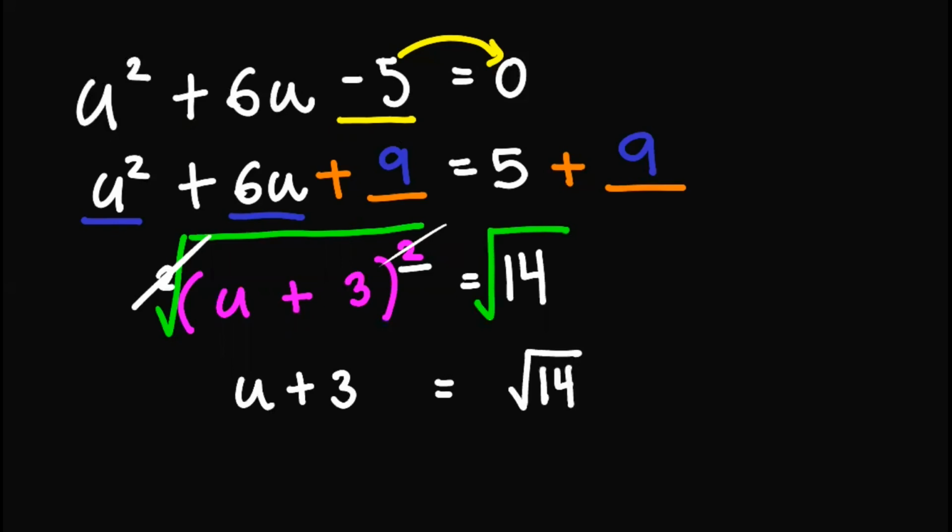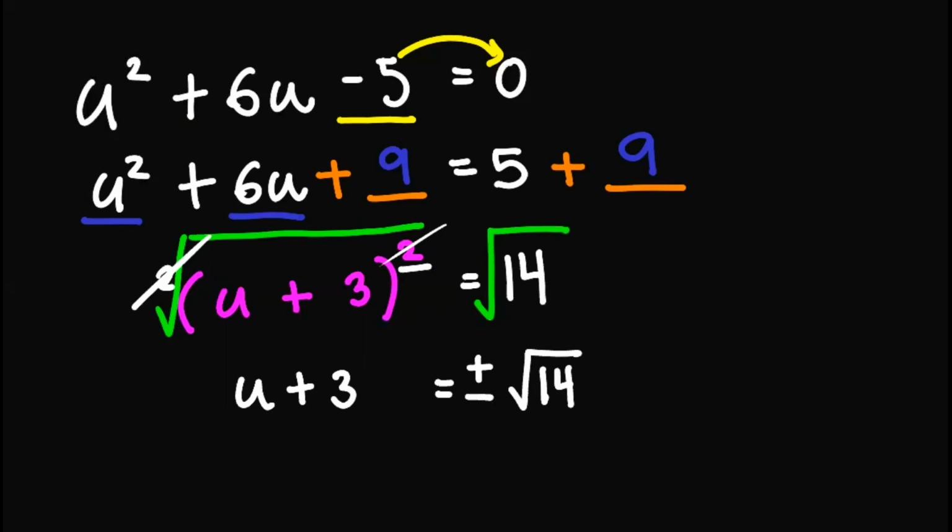Is this it? Well, don't forget to write the plus minus signs. Since this is an even radical, there is a principal and secondary root. So don't forget the plus minus sign.